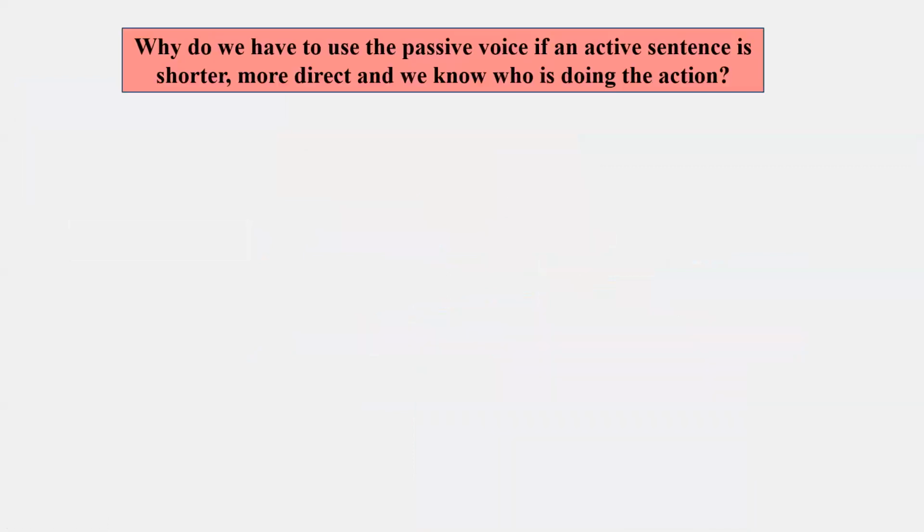Why do we have to use the passive voice if an active sentence is shorter, more direct, and we know who is doing the action? That's a good question. To answer it, let's see. People send lots of emails to friends. So let's transform this sentence into the passive voice.